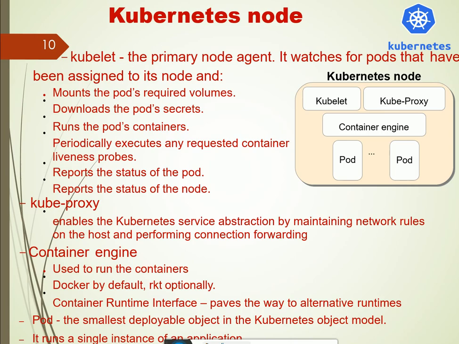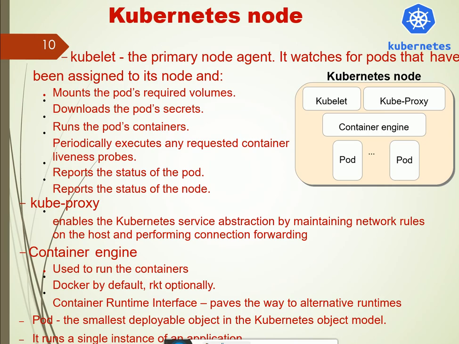Kube-proxy enables the Kubernetes service abstraction by maintaining the network rules on the host and performing connection forwarding. Container engine used to run the container, Docker by default or rkt optionally.